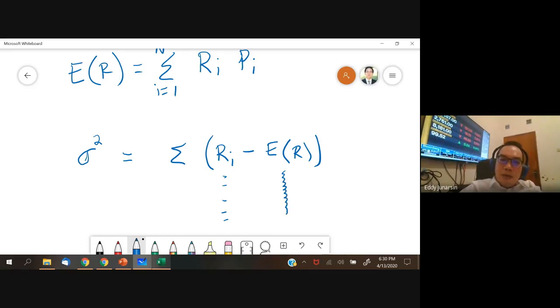When we sum them together, of course, the result will be zero because some of them will be above the expected return, some will be below, and when we sum them together, it's like averaging out and the result will be zero. So before we add them together, we have to square it, and then we multiply each projected value with its probability. Then we sum them together.